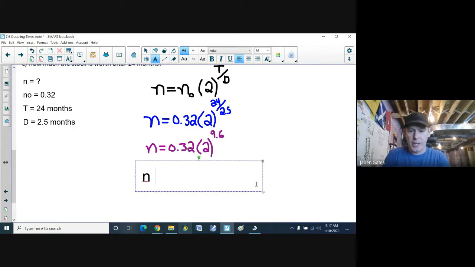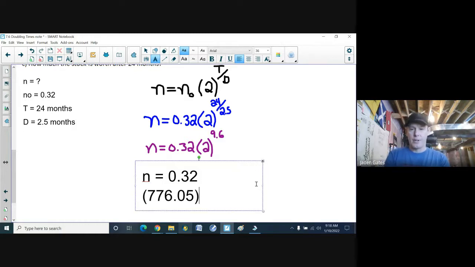So I have n is equal to my 0.32 times 2 to the power of 9.6. So I got to take 2 to the power of 9.6 and end up with 776.05. All right.